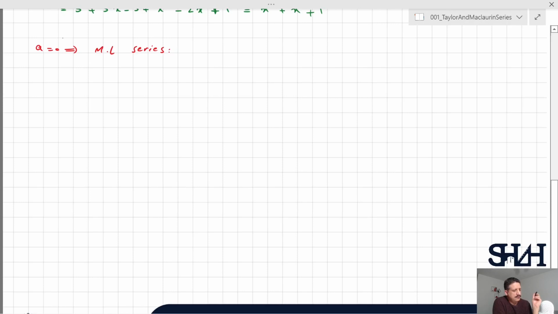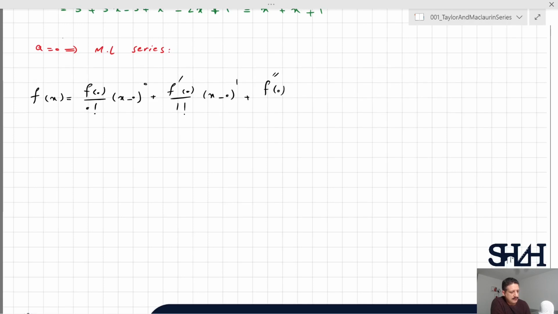If a is 0, then the Maclaurin series is an extension of the Taylor series. So f(x) will be f at 0 divided by 0 factorial times (x minus 0) to the power 0, plus f prime at 0 over 1 factorial times (x minus 0) to the power 1, plus the second derivative divided by 2 factorial times (x minus 0) squared, plus the third one, and so on.